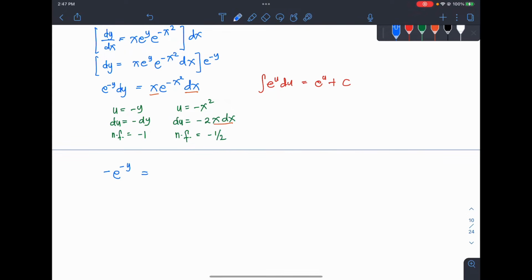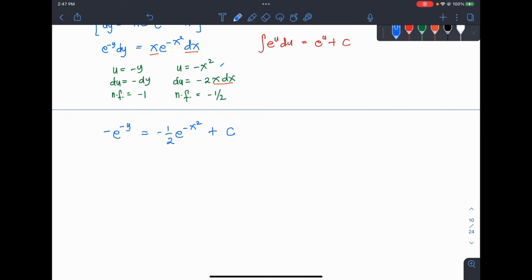This is equal to our neutralizing factor of negative 1/2, and then e raised to u, which is negative x squared, plus C. So we transpose this as 1/2 e raised to negative x squared minus e raised to negative y is equal to C.